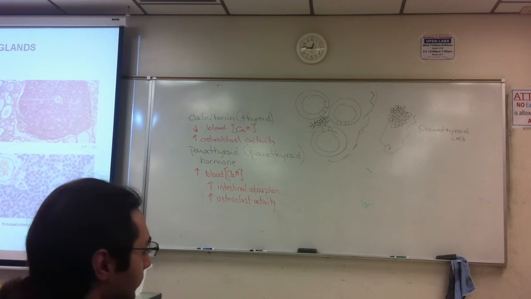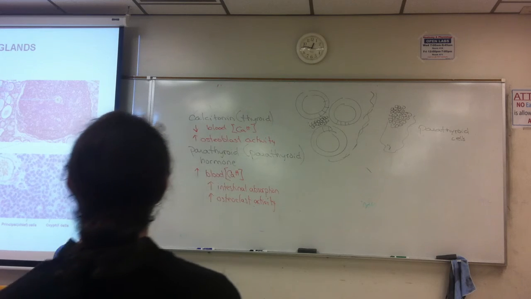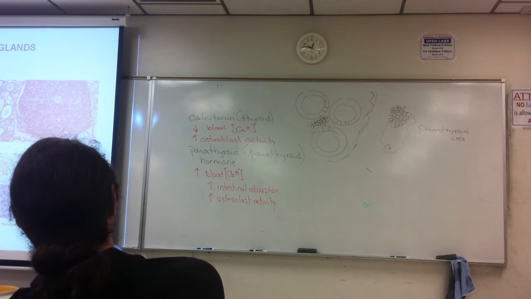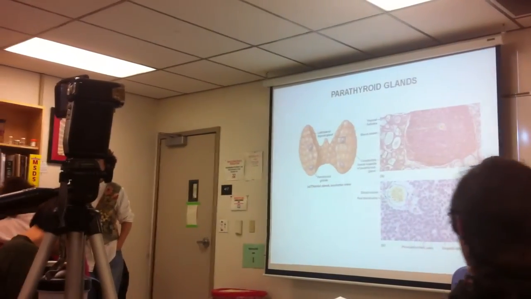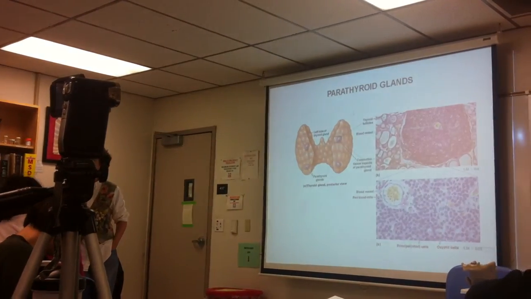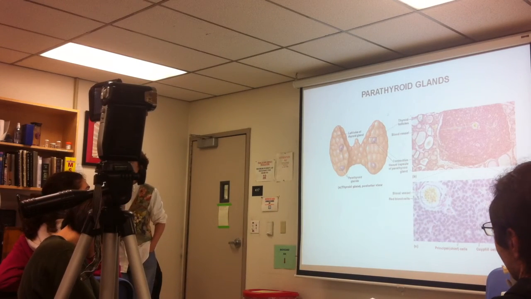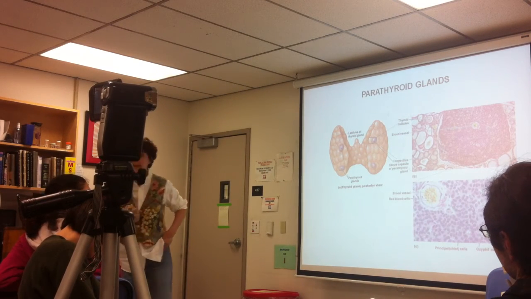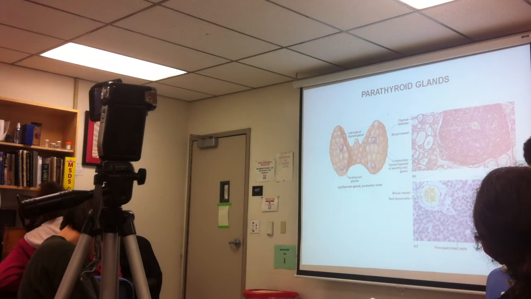One of these is essential for life. You would die without it. Which one? Calcium is essential for life. Which hormone is essential for life? Parathyroid hormone. Right? What are the two systems in our body that utilize calcium?